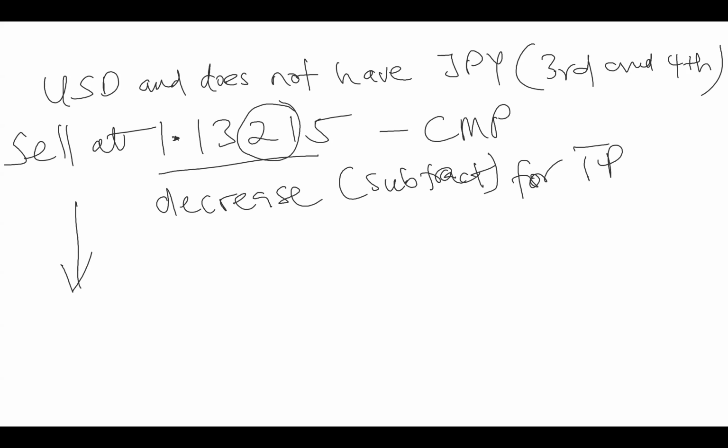If I wanted to sell at 1.13215, and I said I want my TP to be 25 pips, what do you think my take profit is going to be? Since we're subtracting for TP once we are selling, since we are selling, what is it going to be? Bonnie, let me see your answer.